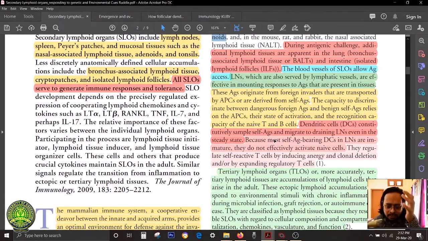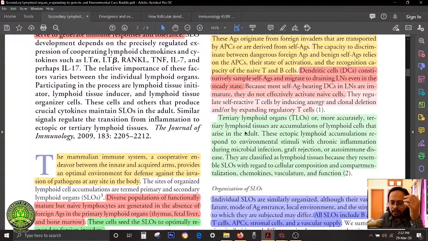Apart from the primary lymphoids and the secondary lymphoids, we also have the tertiary lymphoids. Tertiary lymphoid organs, or more accurately tertiary lymphoid tissues, are accumulations of lymphoid cells that arise in an adult. Ectopic lymphoid accumulation. Ladies and gentlemen, ectopic means abrupt. These tertiary lymphoid organs will not be there all the time.